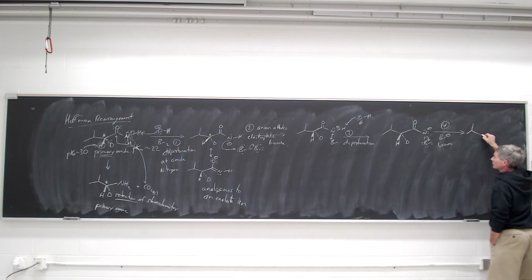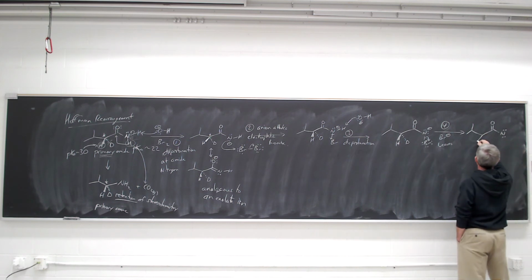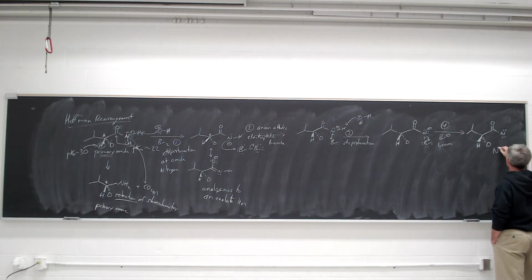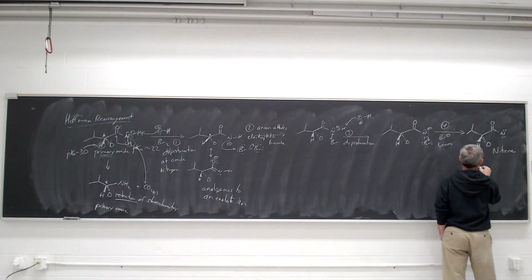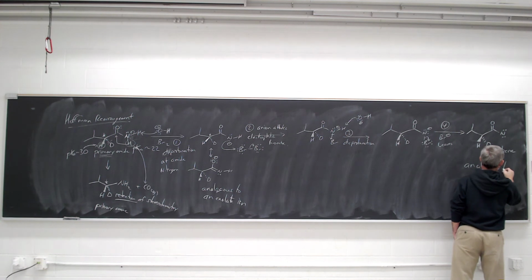That generates an electron deficient species that is neutral. That has an unfilled orbital and a lone pair at the same time, called a nitrene. And the nitrene is analogous to a carbene.